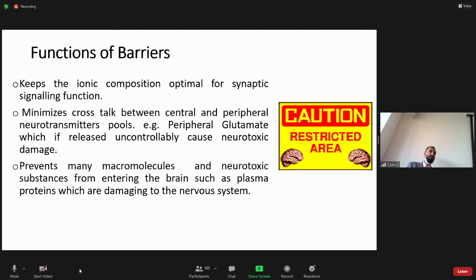How sensitive these neurons are to changes in potassium, sodium, different ions. Wouldn't it be smart just to keep them isolated? Okay, so the blood-brain barrier basically keeps the ionic composition optimal for synaptic signaling, okay? So it keeps the microenvironment optimal in order for these neuronal cells to function.